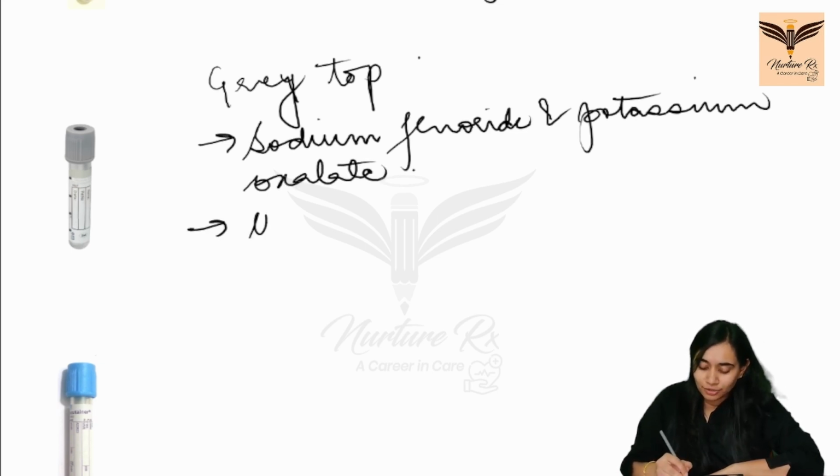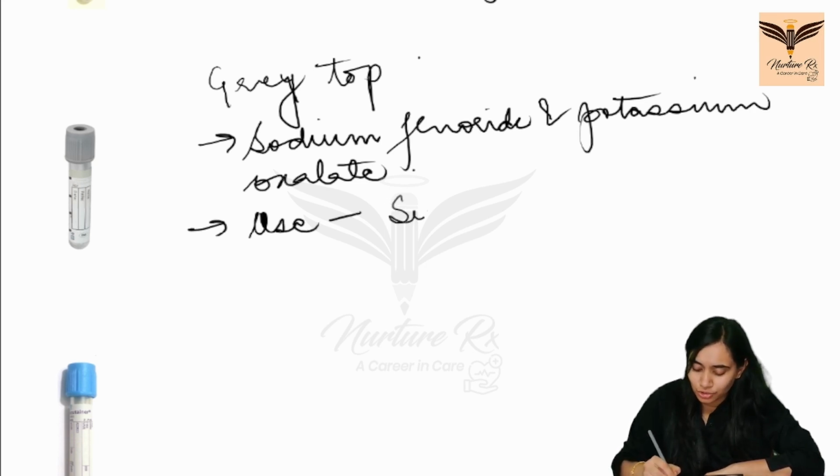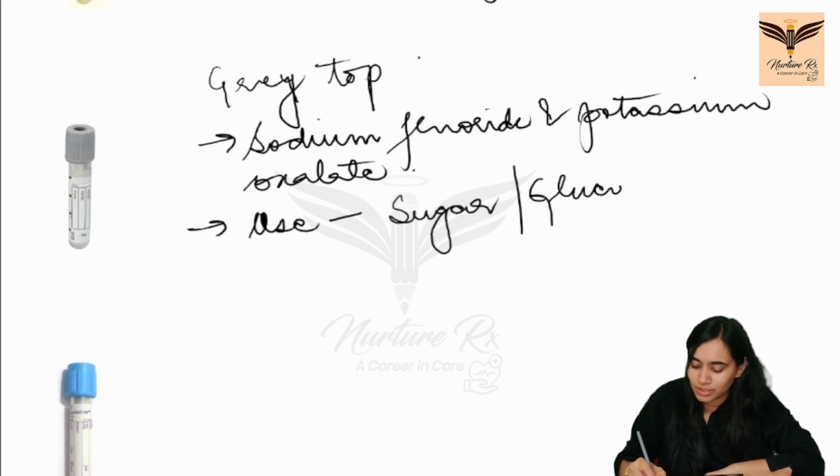So I'll first tell you the use and then I'll tell you why it is used for it. So you must have seen this is used for sugar estimation. When I say sugar, it is glucose estimation, right?